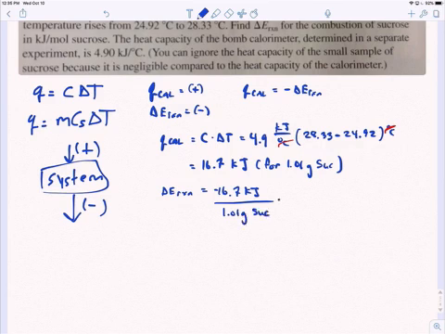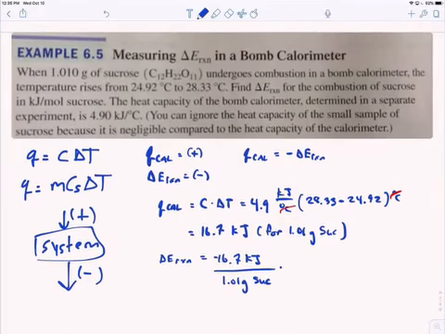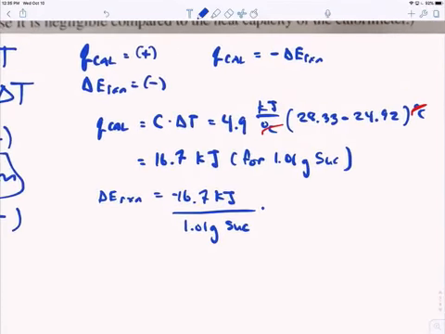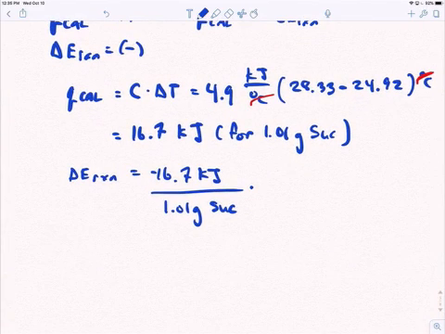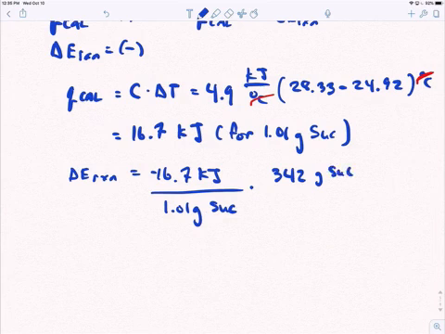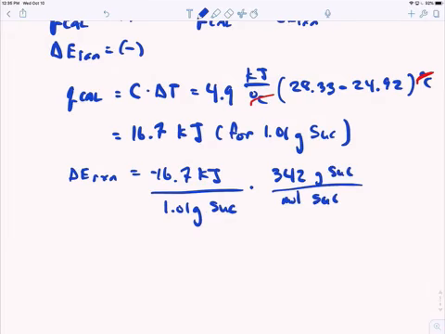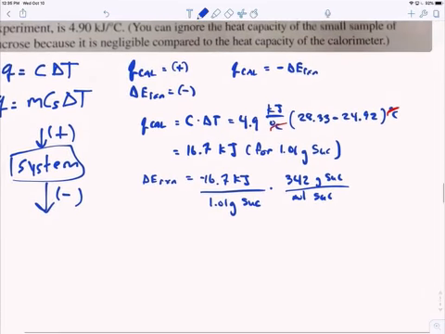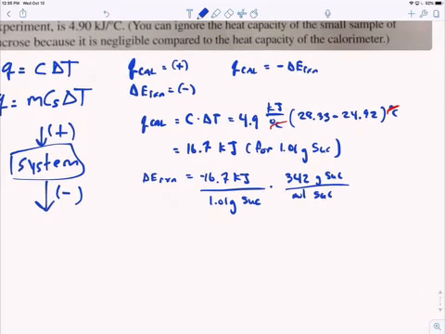Sucrose, do they tell you what sucrose is? Oh, right there, yeah, it does. Okay, then we have 342 grams of sucrose per mole of sucrose. I have that memorized. What is it exactly? It's 342.3. Not close enough.